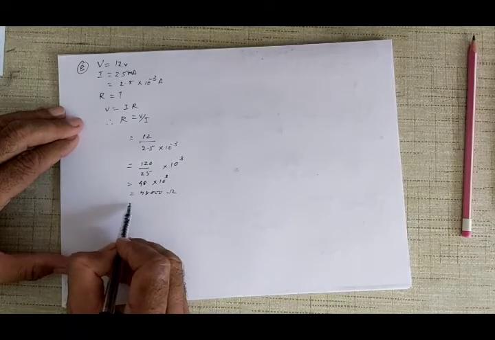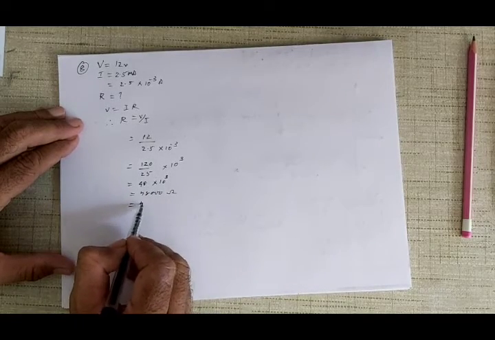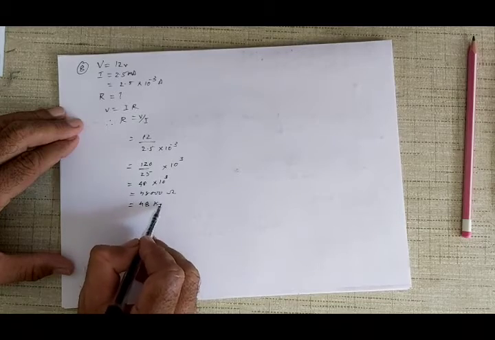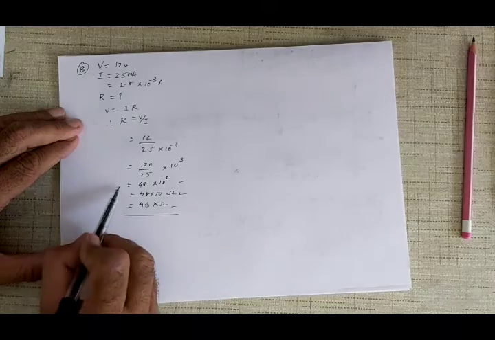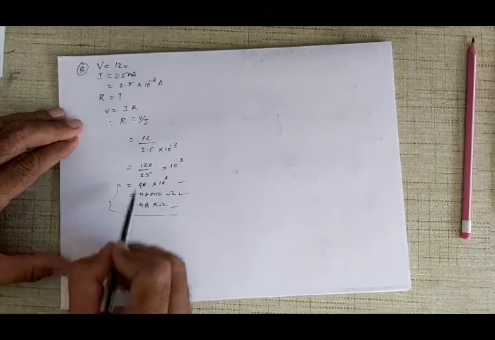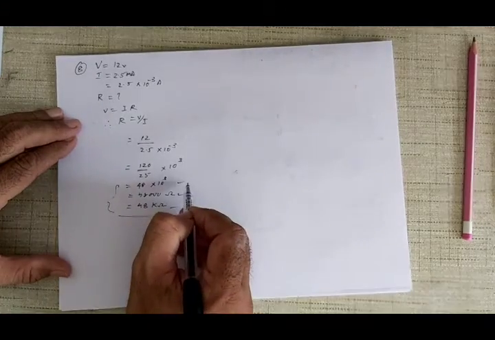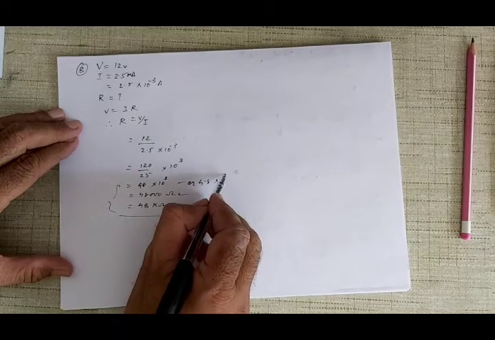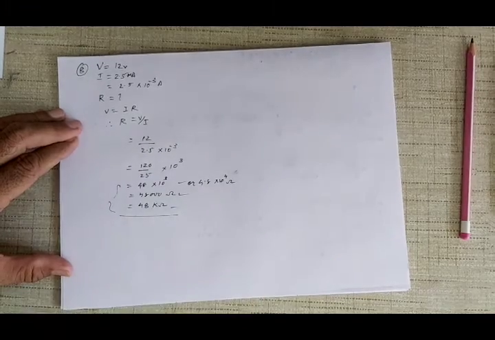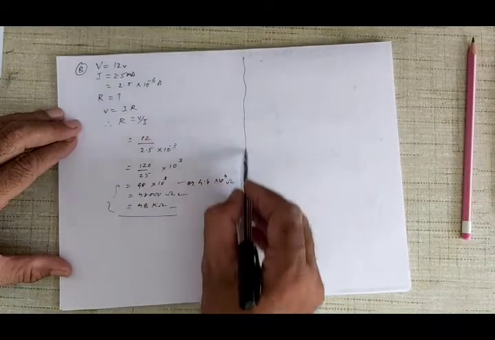If you want to convert it into kilo ohms, divide by 1000 again. So 48 kilo ohms. All three answers are the same. You can write any one of them, or you can even write 4.8 into 10 to power 4 ohms. It is the same thing. There is no difference whatsoever.